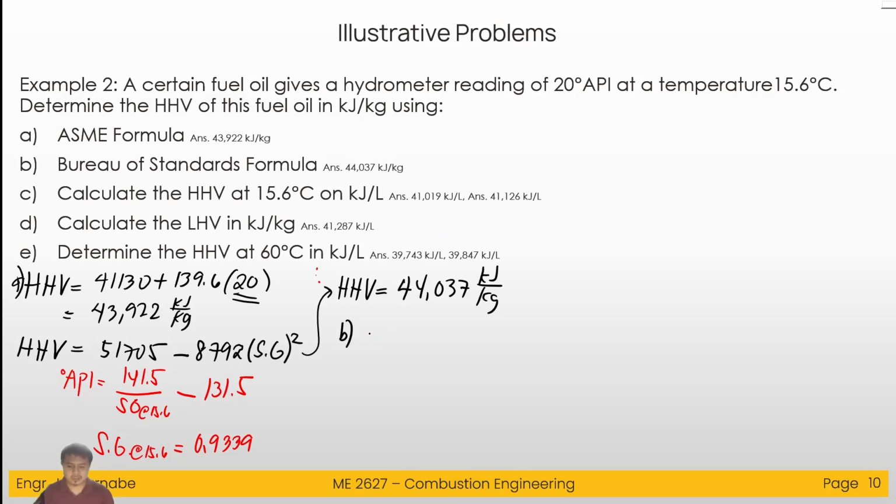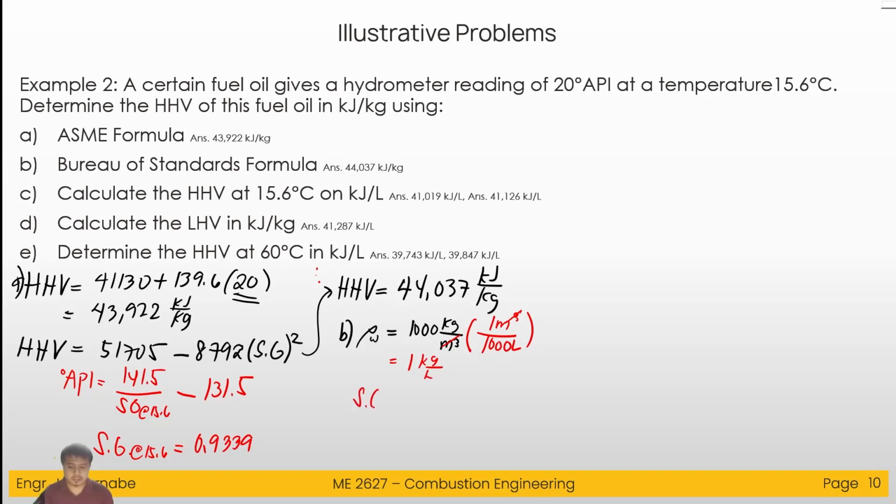We know that the density of water is 1,000 kilograms per cubic meter. If you multiply this by 1 cubic meter per 1,000 liters, it cancels out, so it will be 1 kilogram per liter.